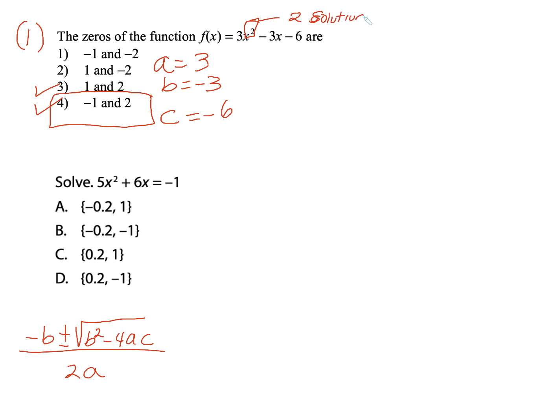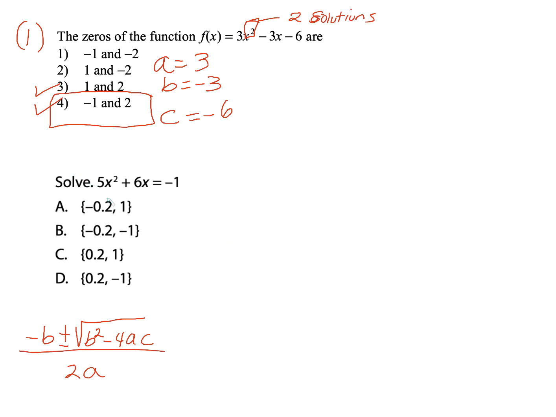So whenever you have a polynomial, always look to see which variable has the highest exponent, and that tells you how many solutions you will have. You will have 2.